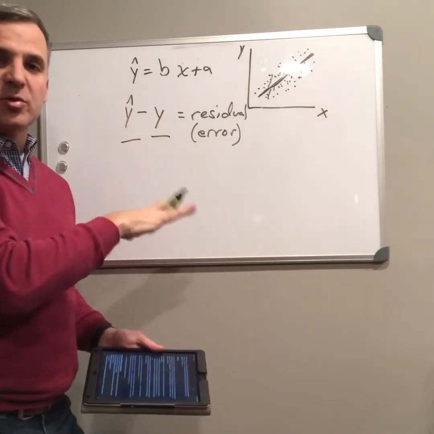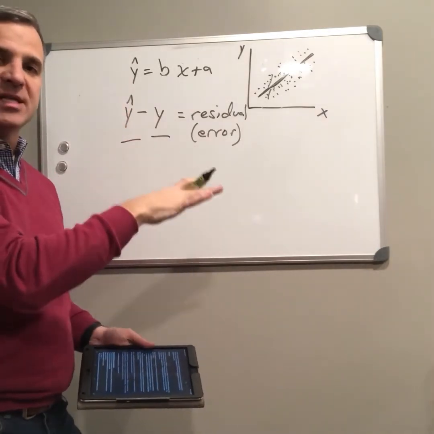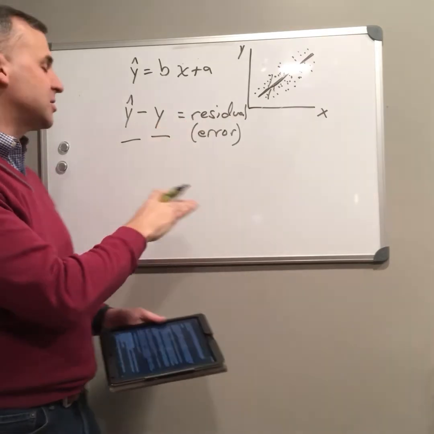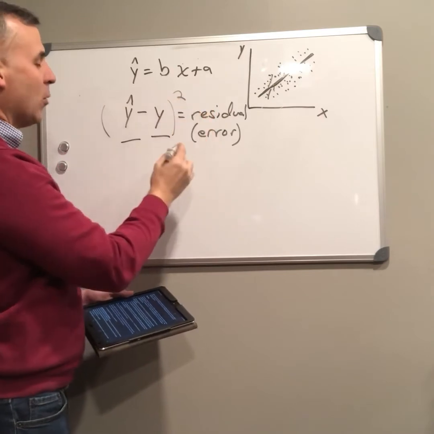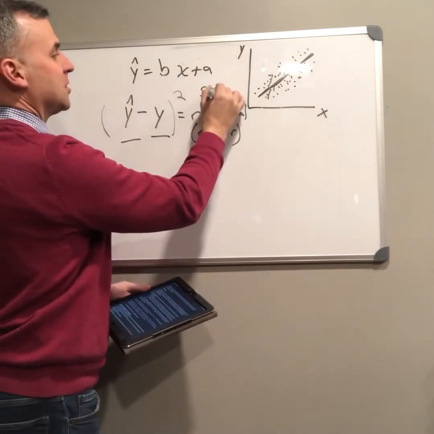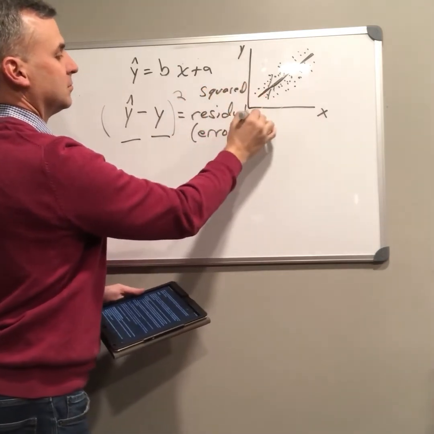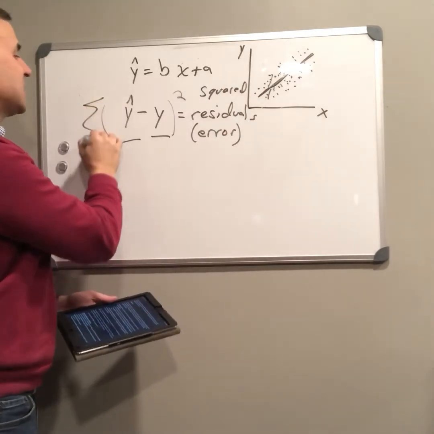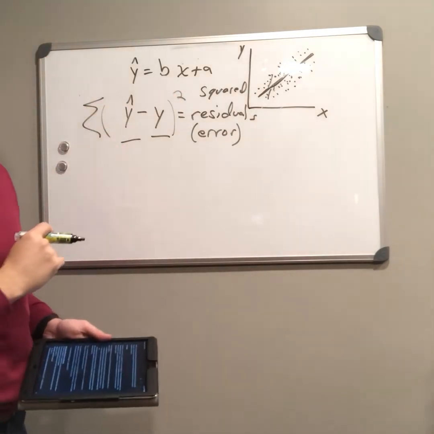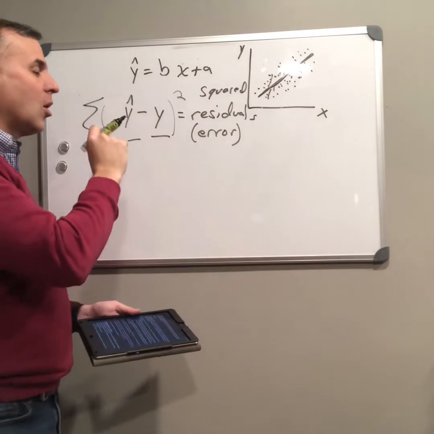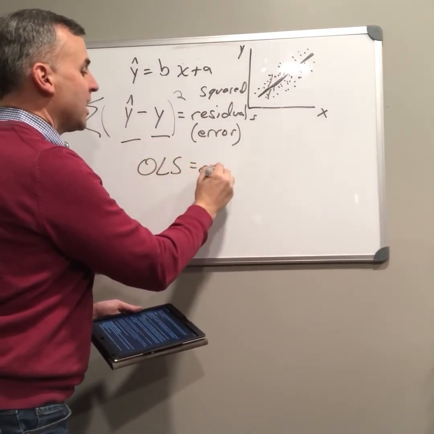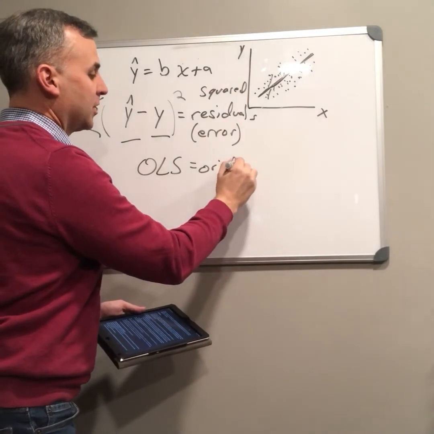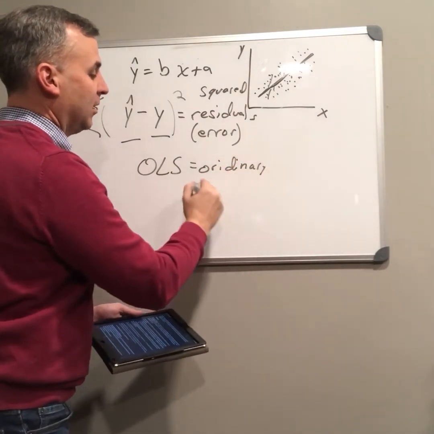So just like when we do with our difference scores when we're doing our t-tests, our variance equations, if I square this, I get what we call the squared residuals. So if I were to sum this up, I'd have the sum of squared residuals. OLS regression, or ordinary least squares. I don't spell very well.